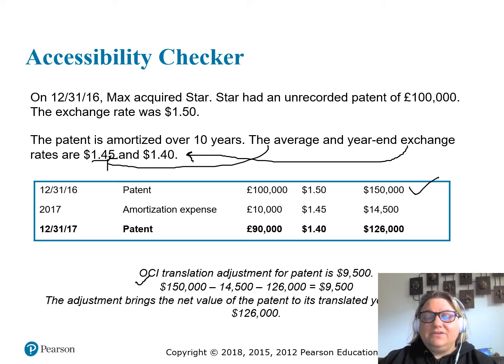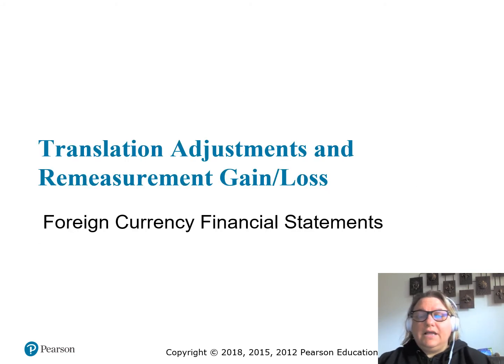So here, as you can see, we're using the average rate for our expense to take that down, the 14,500. Then the last little tidbit is our end of the year, where we do our 126. Subtract those out, and we have a translation adjustment of 9,500. Not too hard to do a translation.